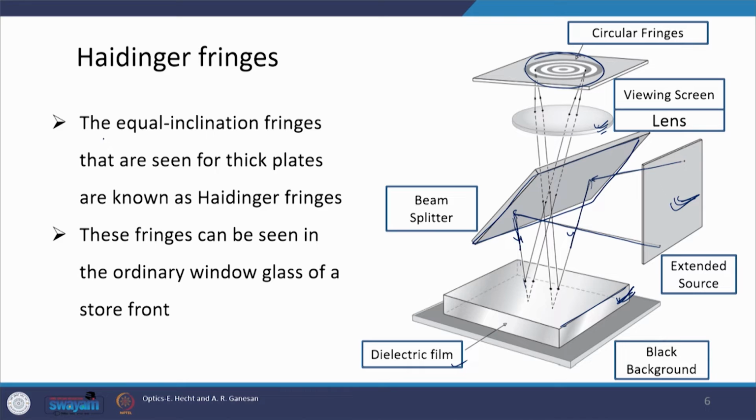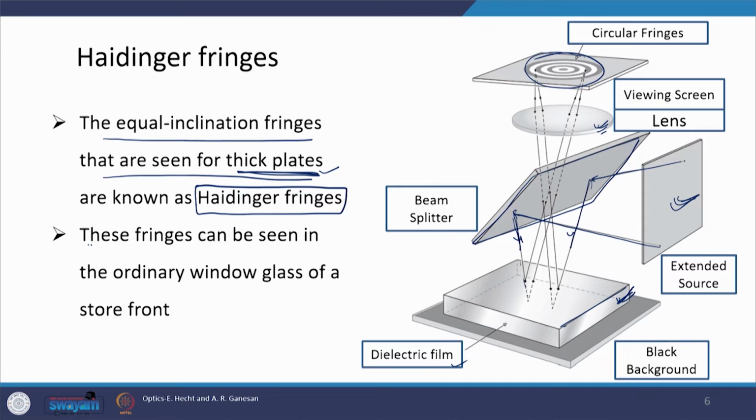The equal inclination fringes that are seen for thick plates are known as Haidinger fringes. There is a particular property of these fringes, and what is the prerequisite for the formation of these fringes?